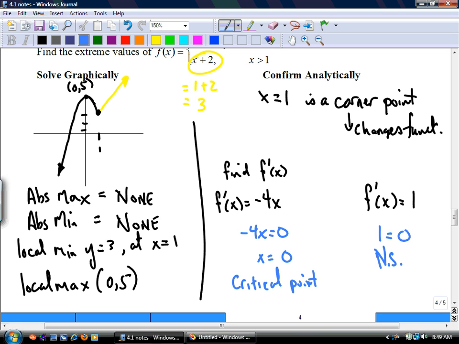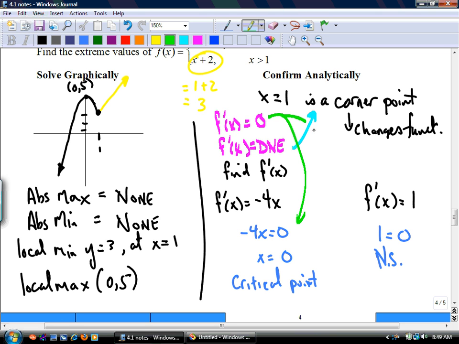So definition of critical point is f prime of x equals 0 or f prime of x does not exist. This one is that. Sorry, it's going to look like a football play.